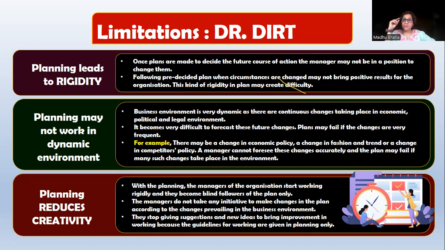So it leads to rigidity. एक बार बन गया, because planning is pretty expensive also, which you will come across again over here. Once plans are made, they are followed as they are, despite the changes that are taking place. So it's not कि with every change the plan has to be changed. Plan को तब बदलना पड़ेगा जब हालात इतने बदल गए कि आपके पास और कोई ऑप्शन ही नहीं है. But with every change in the environment, the plans are not changed, and that is how they lead to rigidity.